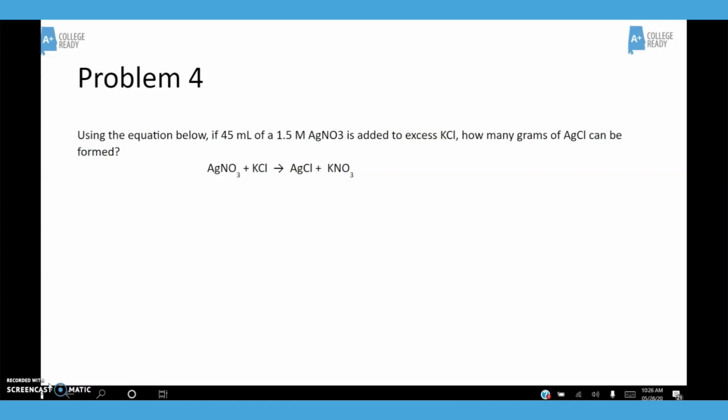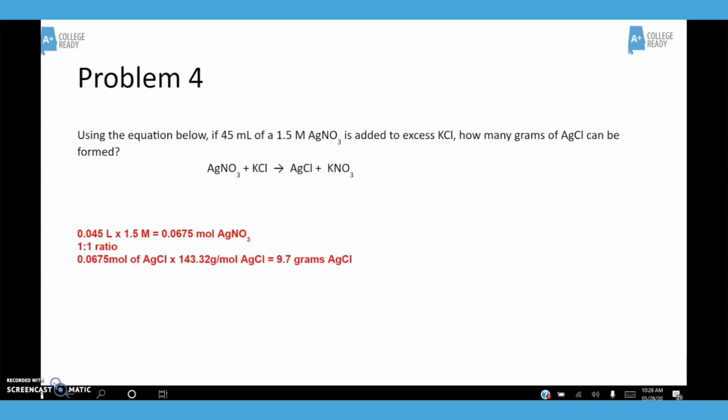Now, the key terminology here is, of course, excess. So this is invoking that limiting reactant problem for the students, and you can refer back to that, which you have covered in our previous unit of reaction stoichiometry. So take a moment, work the problem out, and I'll come back with you with the answers.